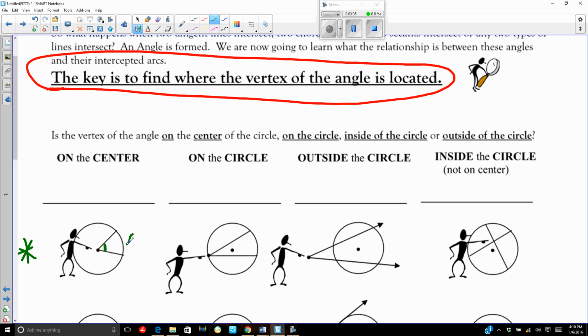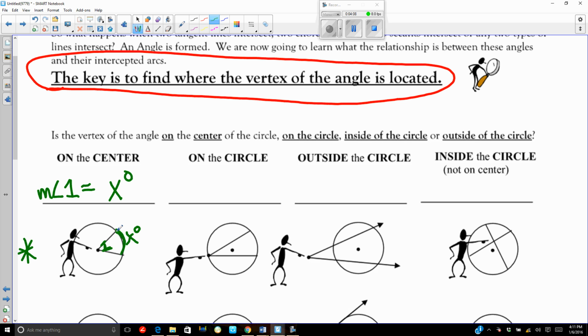So the relationship that angle 1 has with the arc that it intercepts: the measure of angle 1 is equal to the arc that it intercepts. So in this case, we would just write right here, the measure of angle 1 is always going to be equal to whatever that arc measure is. So that one we should know.